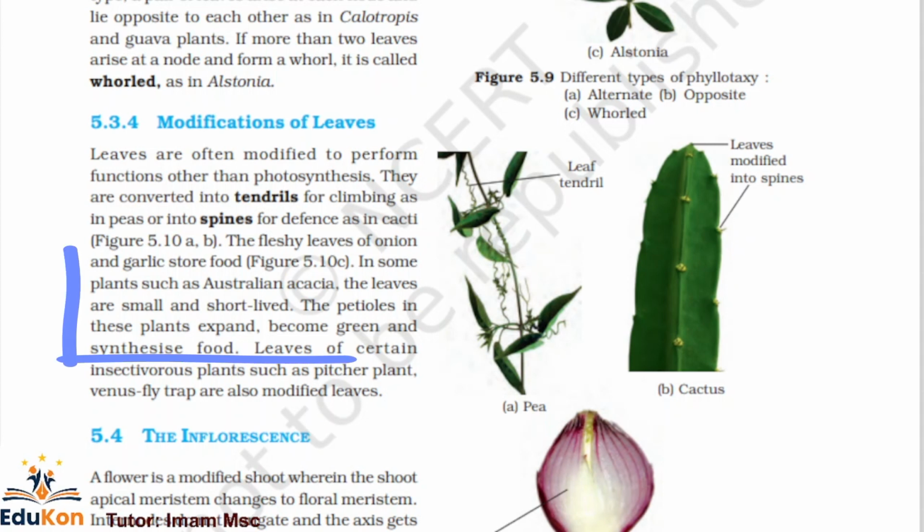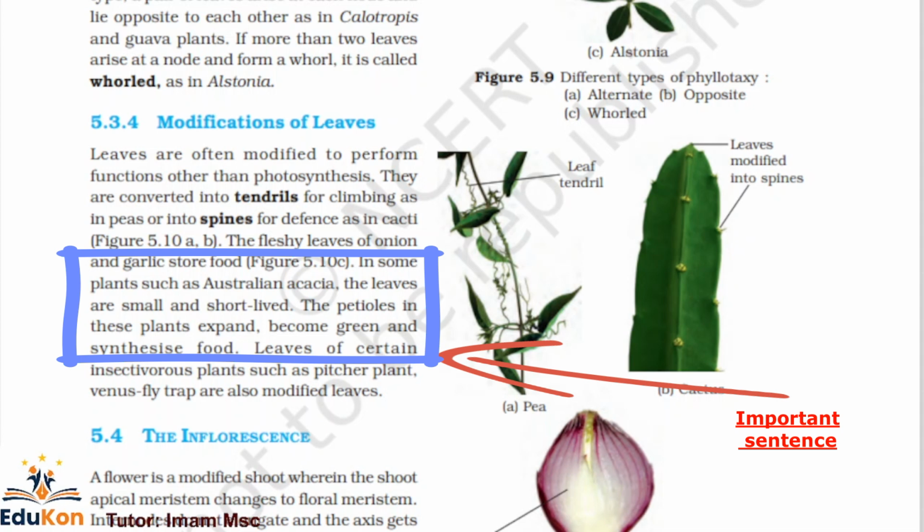The fleshy leaves of onion and garlic store food. In some plants such as Australian acacia, the leaves are small and short-lived. The petiole in these plants expands, becomes green, and synthesizes food. Leaves of certain insectivorous plants such as pitcher plant and Venus flytrap are also modified leaves. These are the examples. Pitcher plant we need to remember, and also Venus flytrap, which is an insectivorous plant, meaning it traps insects. They too have modified leaves.